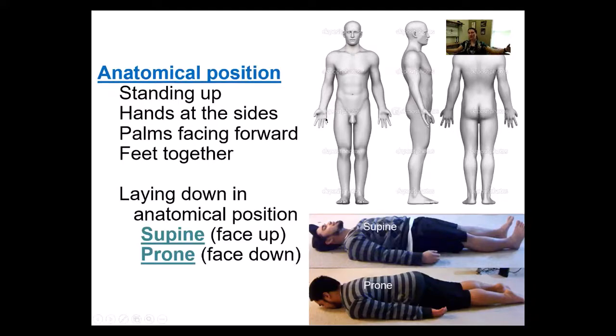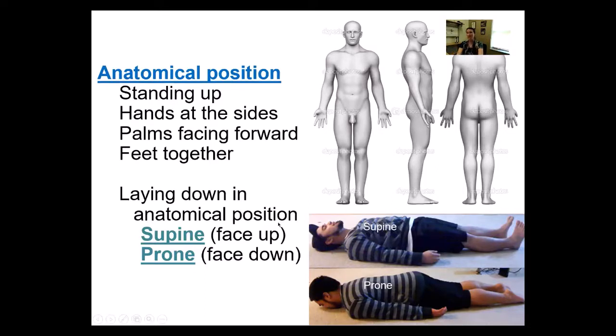And normally when you put your hands at your sides, your palm kind of touches your thighs. But in anatomical position, instead of your palm touching your thighs, instead the thumb points out laterally. So it points out to the right and to the left. Okay, so your palm is facing forward.